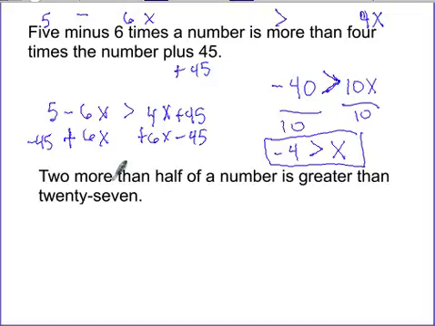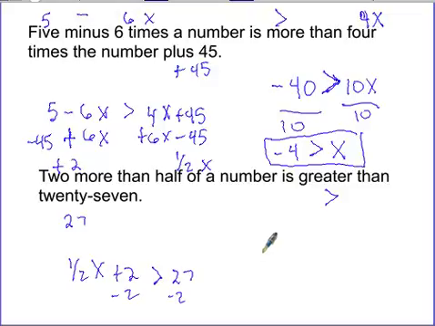Two more than half of a number, so two more would be plus two. Than means something that comes next really is going to go first. And then half of a number, so 1/2 x is greater than 27. So 1/2 x plus 2 is greater than 27.